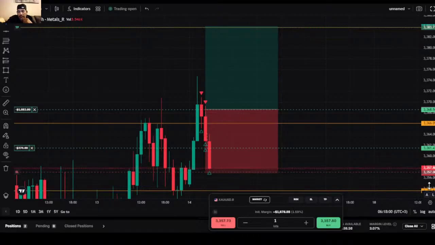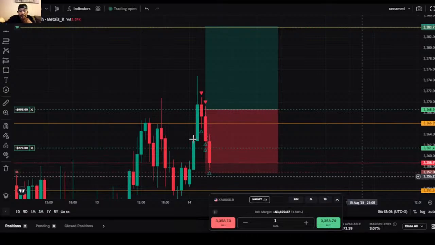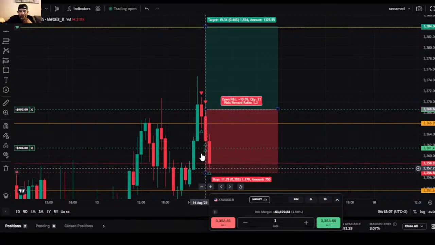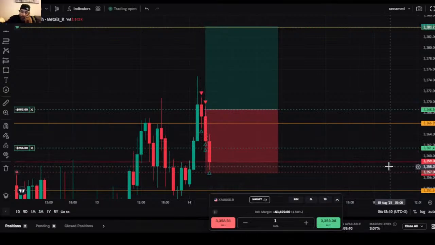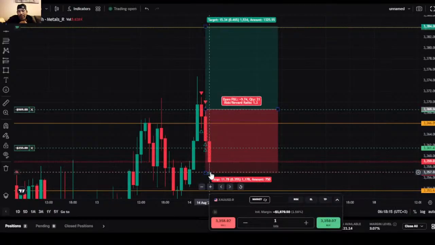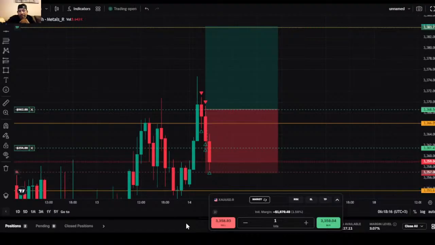Yeah, it looks like it's gonna tap here. Oh wait, nope, it goes back up. It made a bottom wick for this candle and pushed up. We were awfully close to stops there. Let's see, we're still in it, gang.